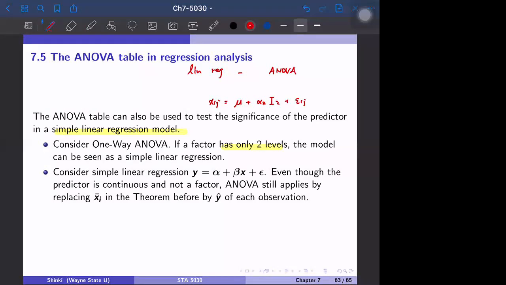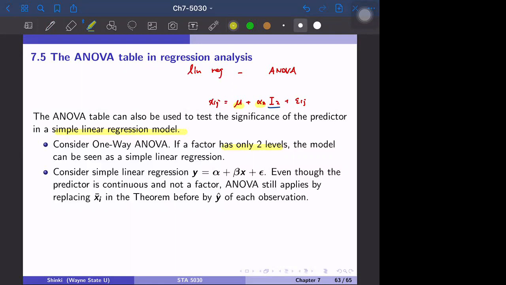So exactly, we have one indicator variable for the second group, and we have two parameters.